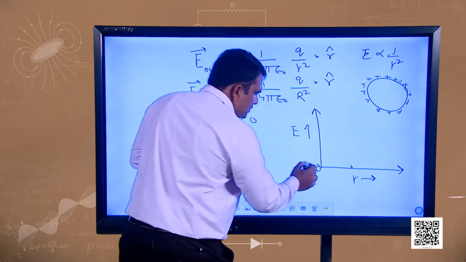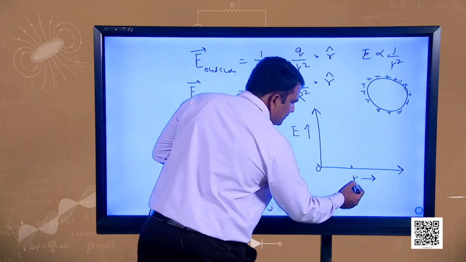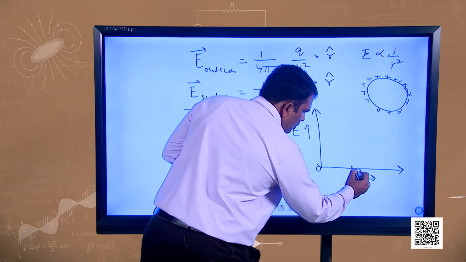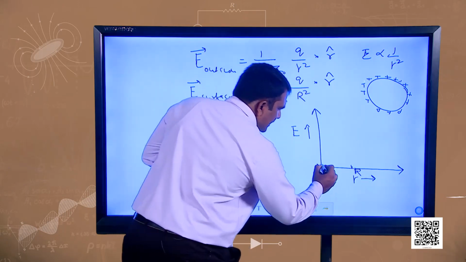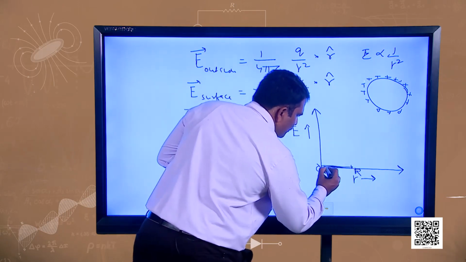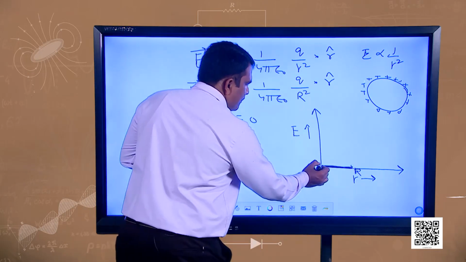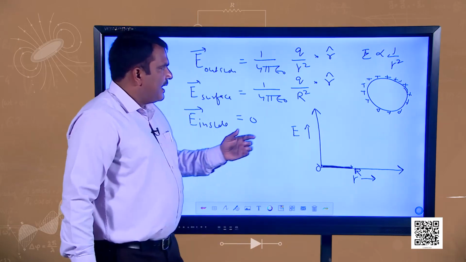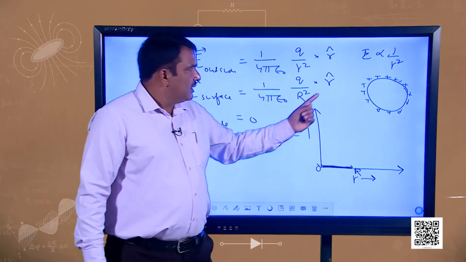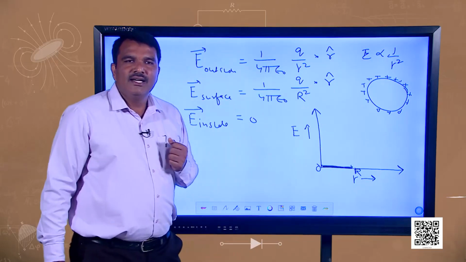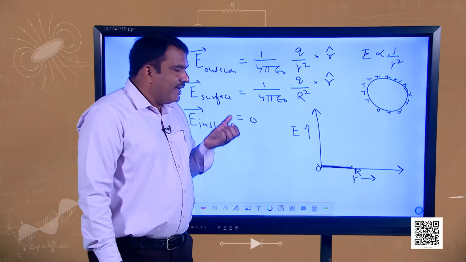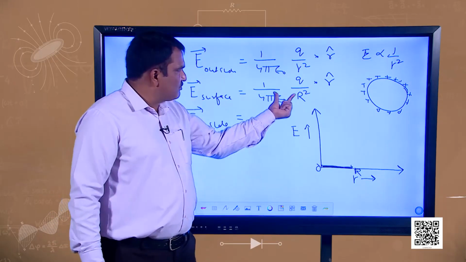So, from 0 to capital R, electric field is 0, and as soon as we reach the surface of this cell, electric field instantly grows up to this value.